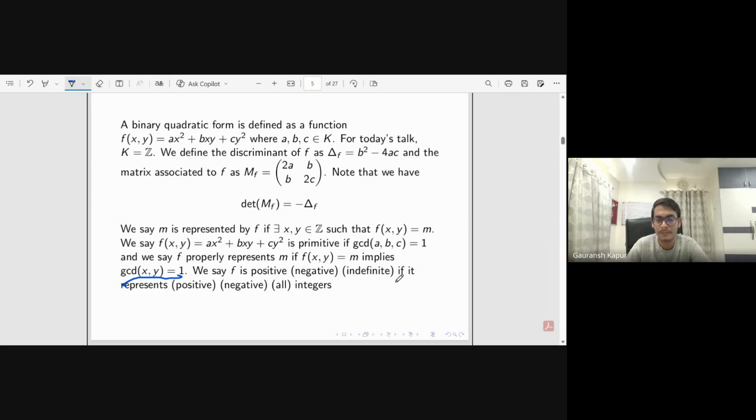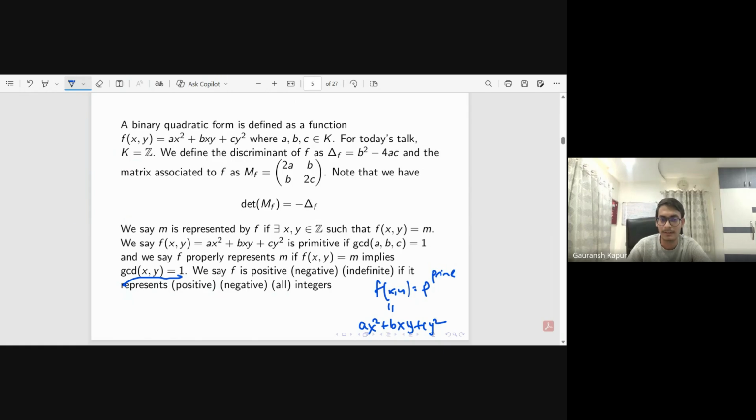So for example, if a form represents a prime number p, can anyone tell me whether we can conclude that this representation should be proper or improper? Let's say your form is ax square plus bxy plus cy square, and it's representing a prime number p. Would anybody like to guess whether this would be a proper representation or not?